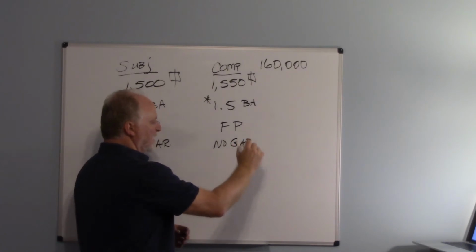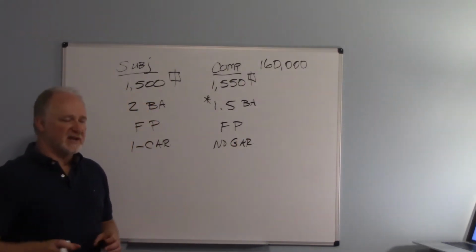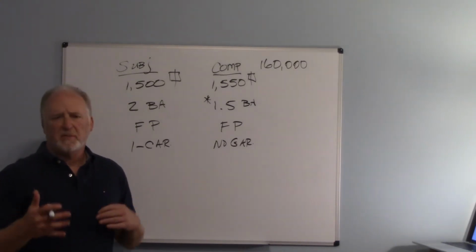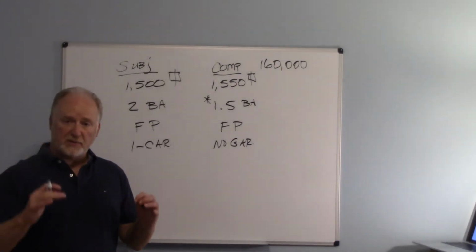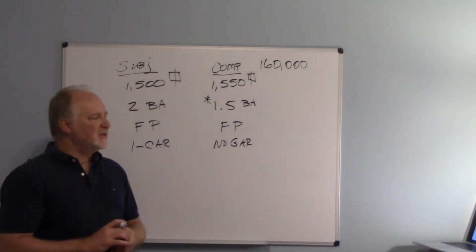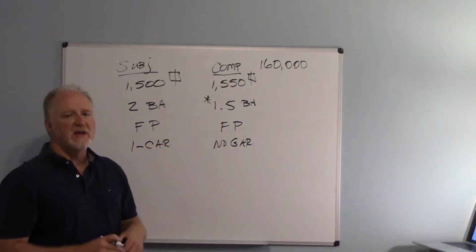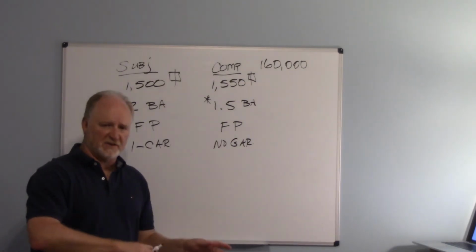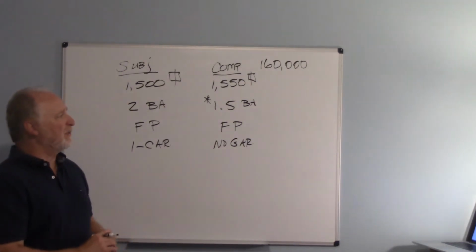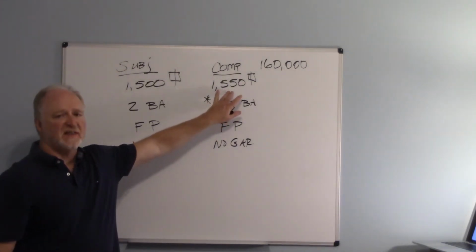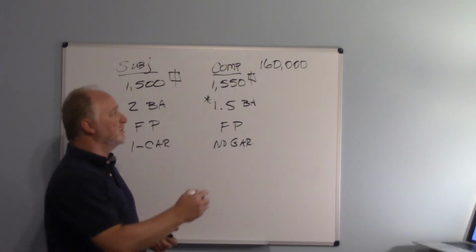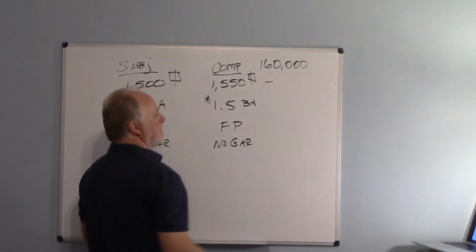Sometimes I learn things from students, and I had a student a while back who told me that because the inferior-superior thing kind of confused him when he was doing it in a hurry, what he tried to do was take his grid, put the pluses and minuses in place, and then go back and figure the math. Let's try that and see how it works. If I do that, I see that the comp is superior to the subject property, and if it's superior, we're going to subtract. I'm just going to put a minus sign there.